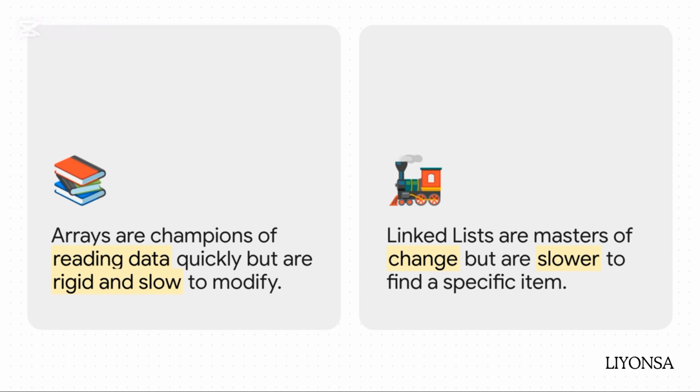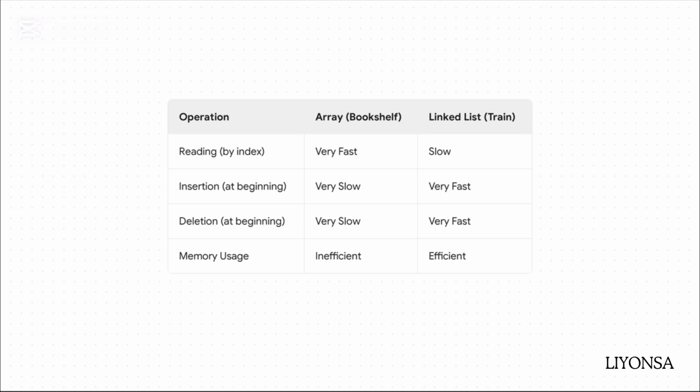It's super flexible, but it's way slower when you need to find one specific item. The choice gets even clearer when you look at these key operations. If your main job is just reading data based on its position, yeah, an array is the clear winner, hands down. But if your list is constantly changing, if you're always adding and deleting things, especially at the beginning, a linked list is the obvious choice.